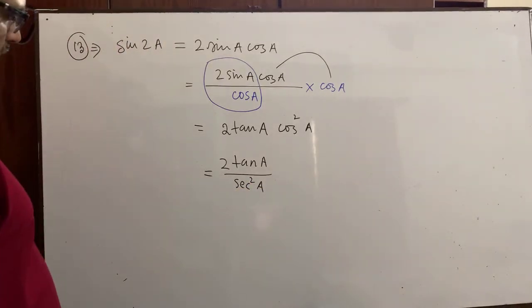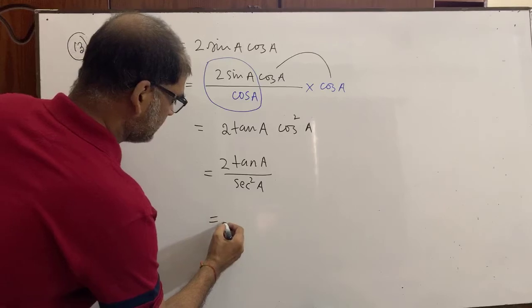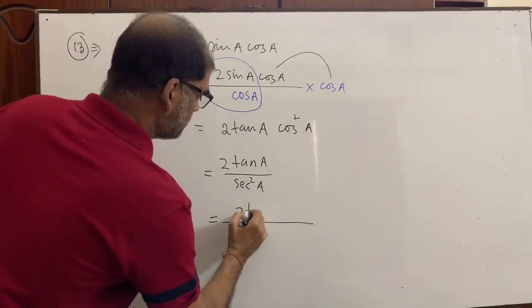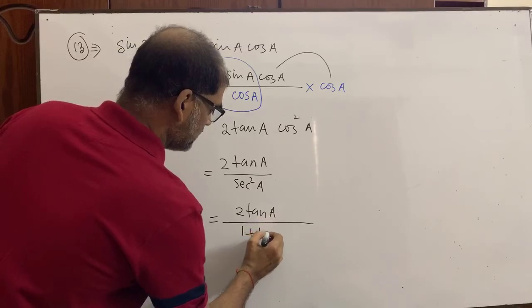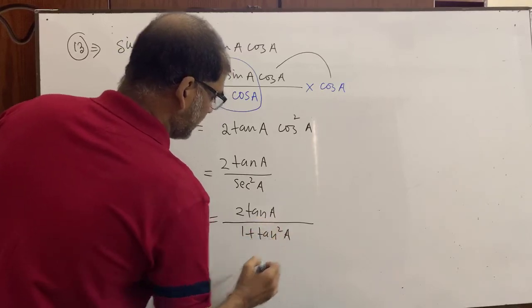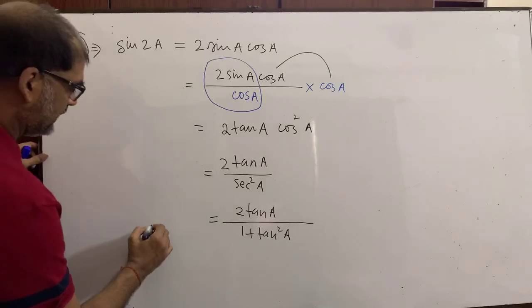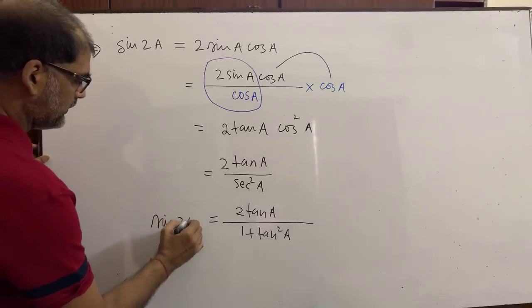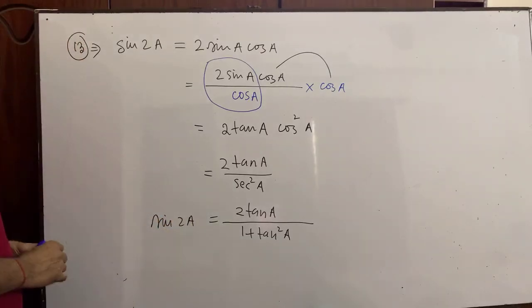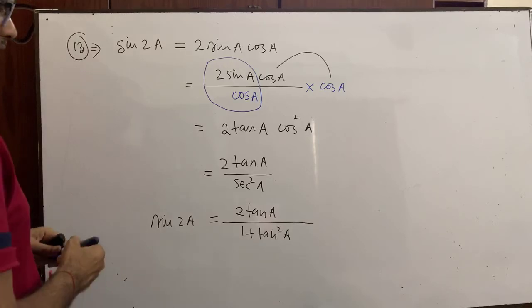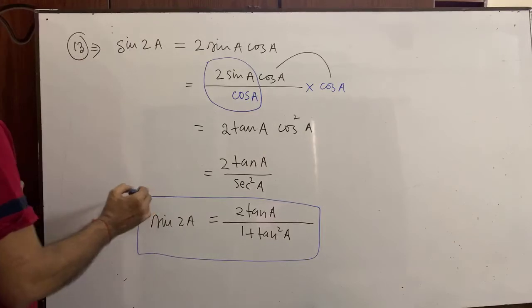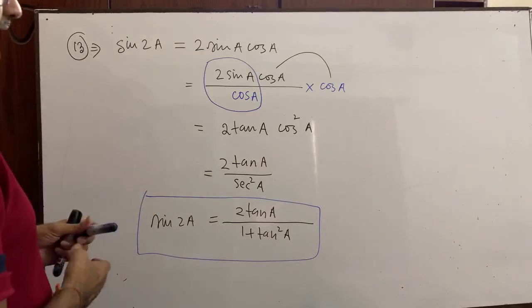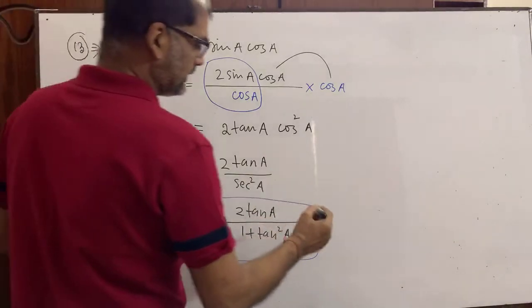Okay, so we can write here 2 tan a by 1 plus tan square a. It is equal to sin 2a, and we can call it formula number 19.